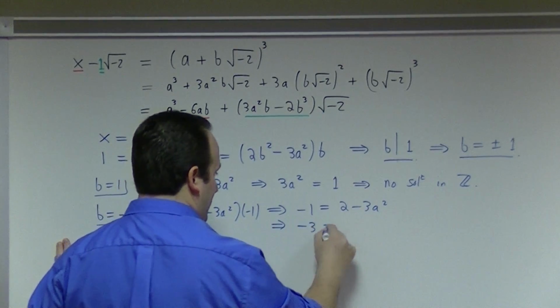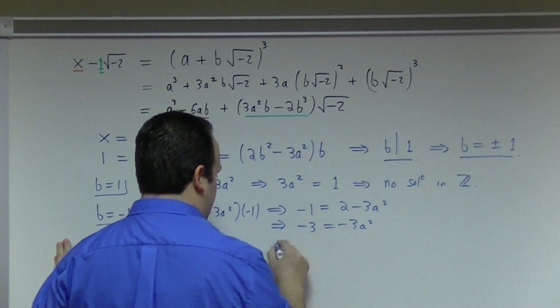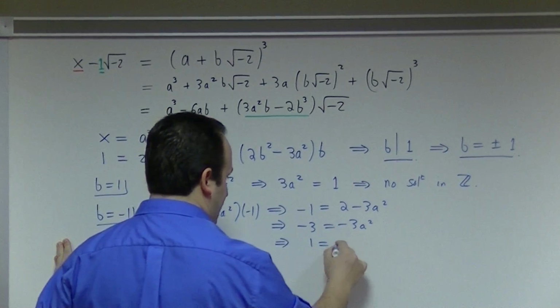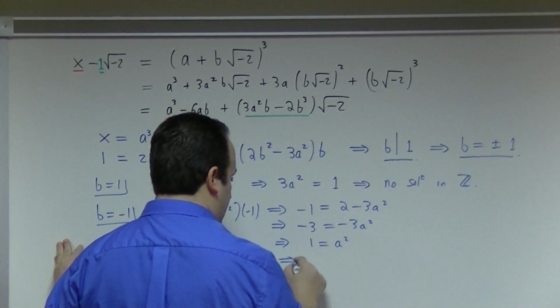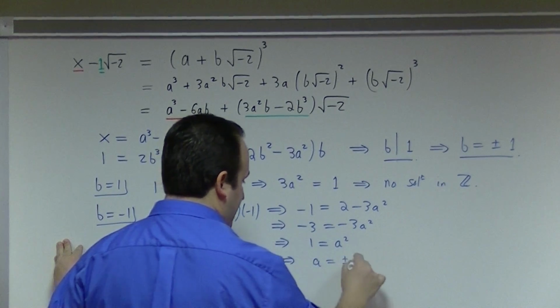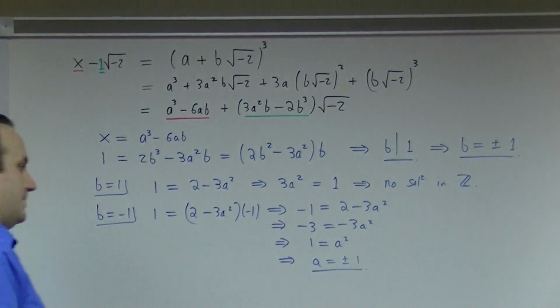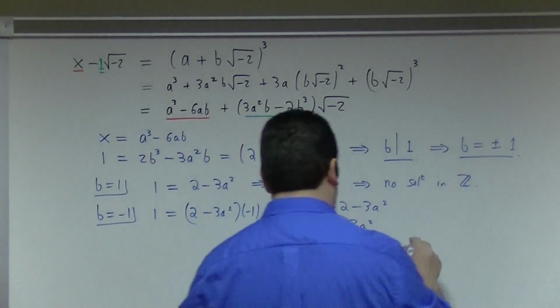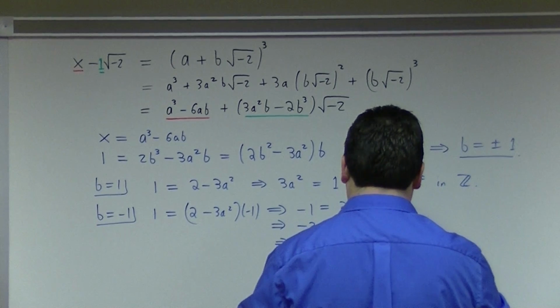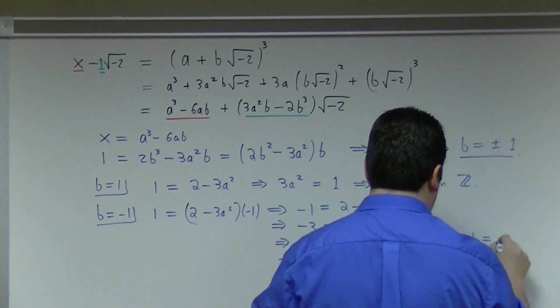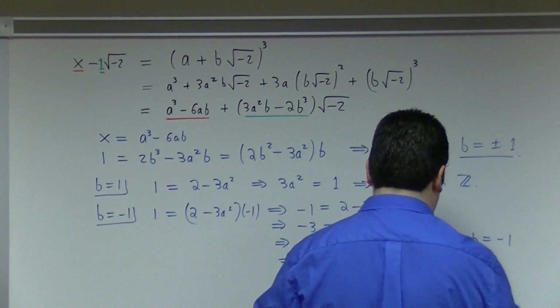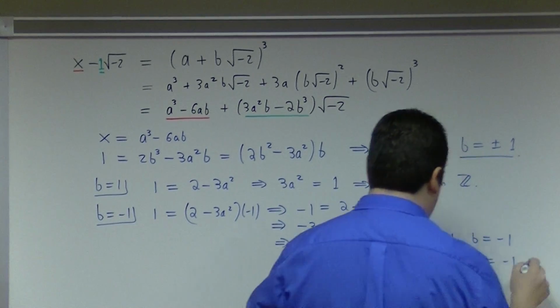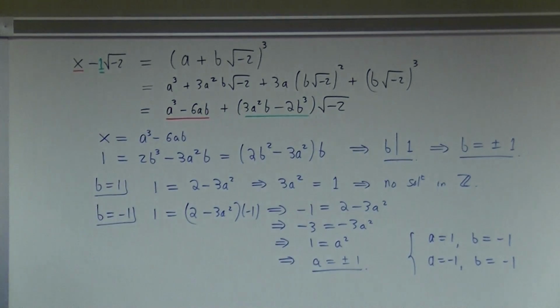So minus 3 is equal to minus 3a squared. So 1 is equal to a squared. So a is equal to plus or minus 1. Those are both integers, so we find two solutions: either a equals 1, b equals minus 1, or a equals minus 1, b equals minus 1. Those are the solutions to the second equation here.